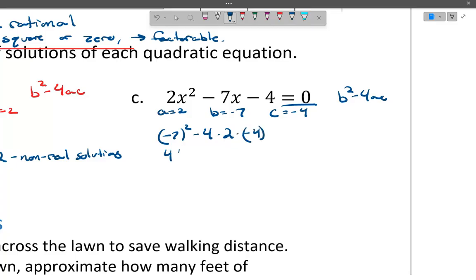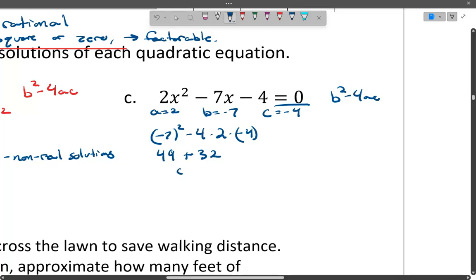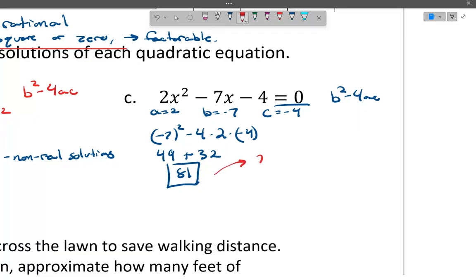We get 49 plus 32. Then when we add those together, we get 81. So the value of our discriminant is 81. That means we are going to have two real solutions because it is positive.